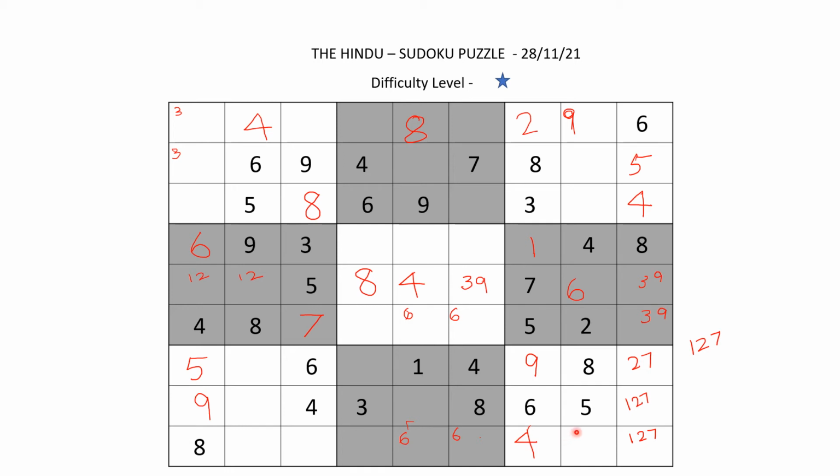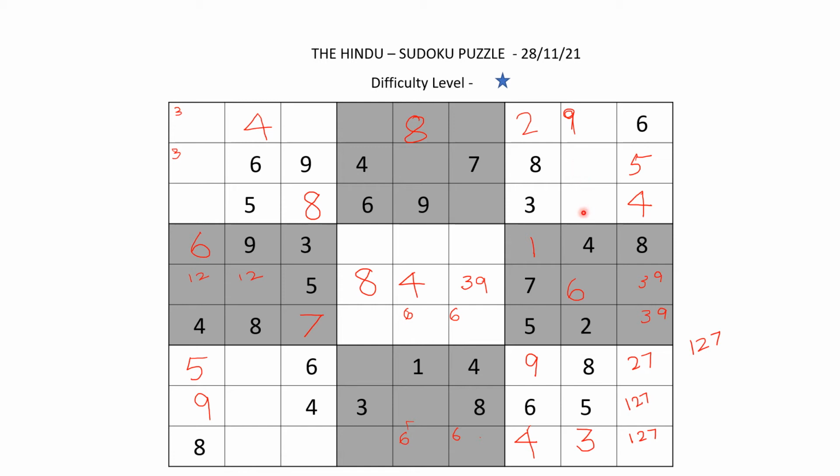Fine. Now in this block we have only one empty cell here. The missing number is obviously 3. So let us fill this with 3. Now if you check this column, we have only 2 leftover numbers.